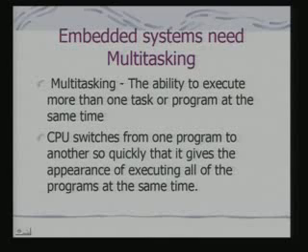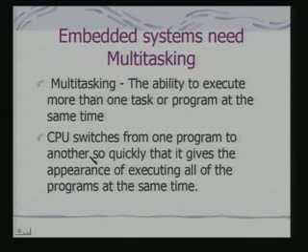And we had already seen that the external world has concurrent event streams or data streams. So if we need to deal with concurrent event or data streams, we require multitasking, because with each stream we need to have a special functionality associated.